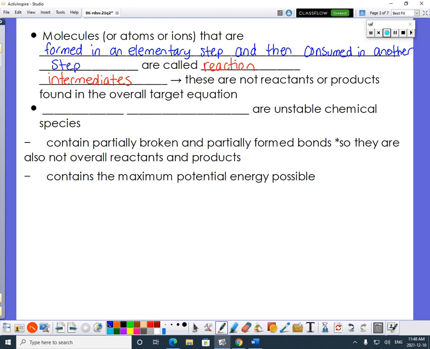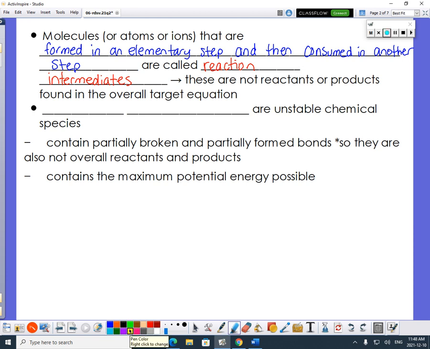So they are not considered overall reactants and products. If you're looking at the surface of an equation, who really cares what happens in the pathway? We just care about the reactants and the products, and that's literally the definition of Hess's law. When you want to look more in depth at a reaction, you should really consider what is going on in between. That makes you a better chemist, okay?